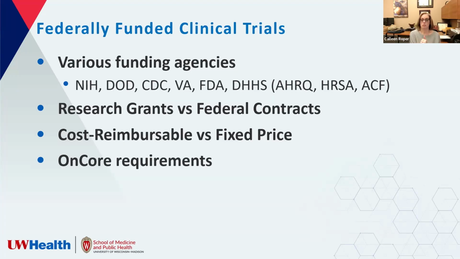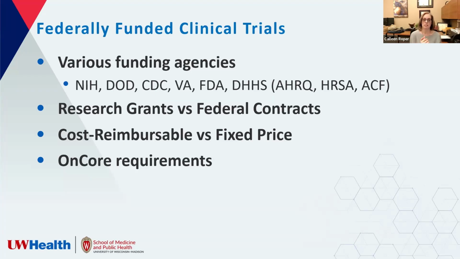Oncore requirements. At UW, if you're doing human subjects research, you likely have a requirement to do an Oncore record. How in-depth that Oncore record is to indicate how many subjects you have can depend on whether or not you need to track visits per patient visit, if you need to track the number of patients that you are enrolling per visit, if they're completing specific procedures, or if you're doing a one and done blood draw, you may not need to get into enrolling each participant.